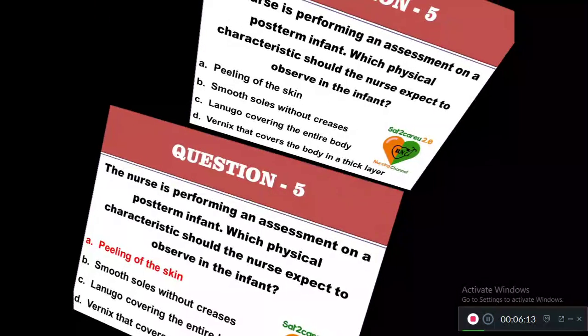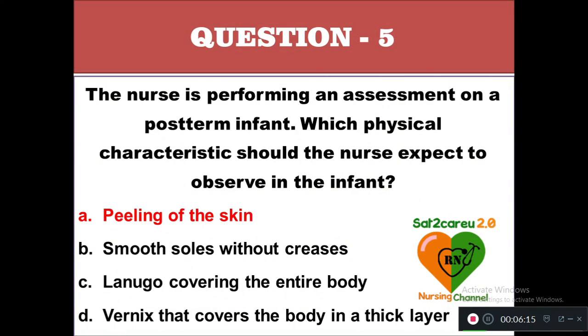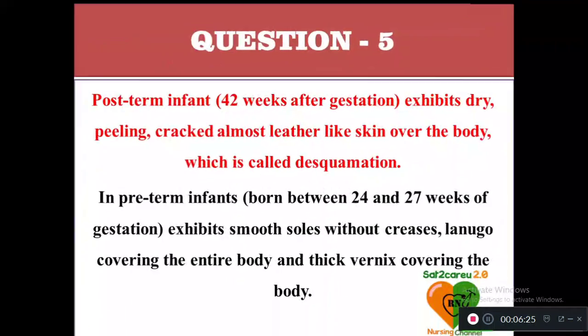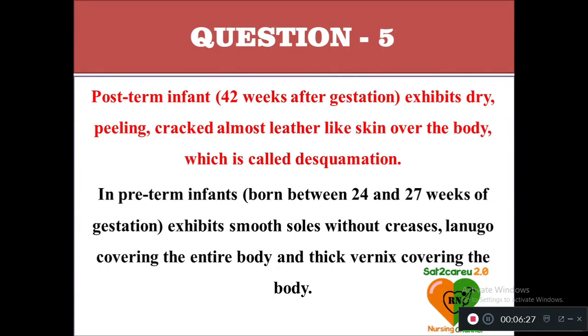The right answer is peeling of the skin. This characteristic feature shows that the baby is postterm. The rationale: a postterm infant, 42 weeks after gestation, exhibits dry, peeling, crackled, almost leather-like skin over the body, which is called desquamation.